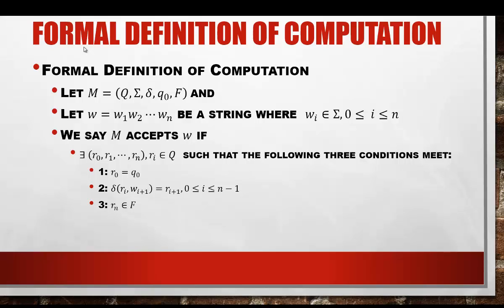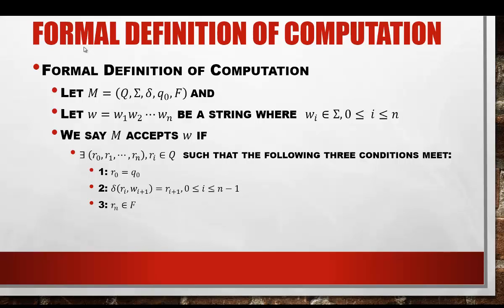Then let W be a string in which W sub 1, W sub 2 to W sub n come from the alphabet set, the set of alphabet symbols. Then we say that M accepts W.